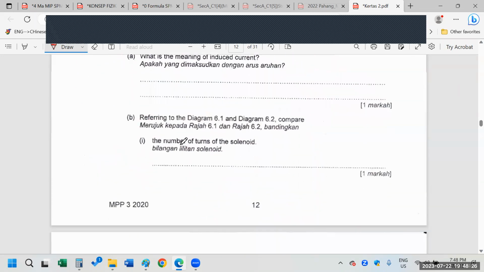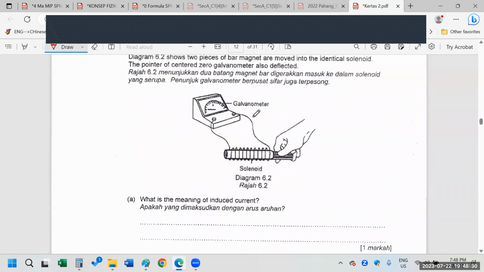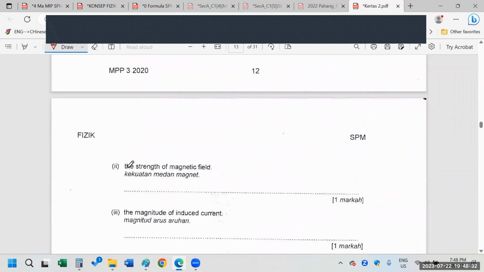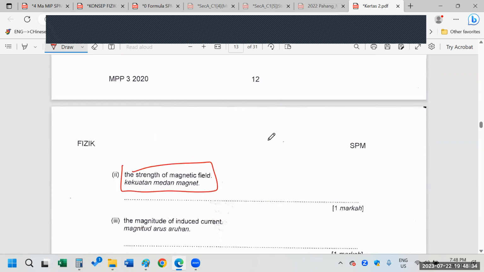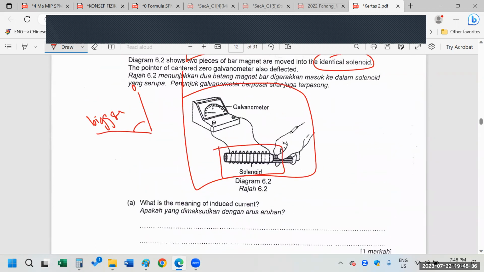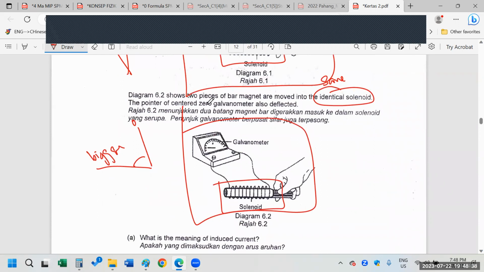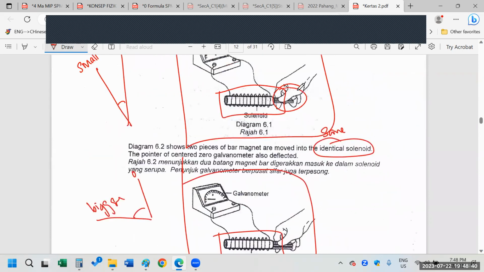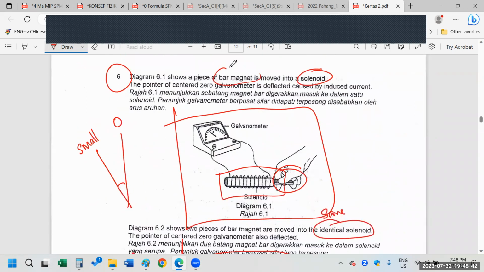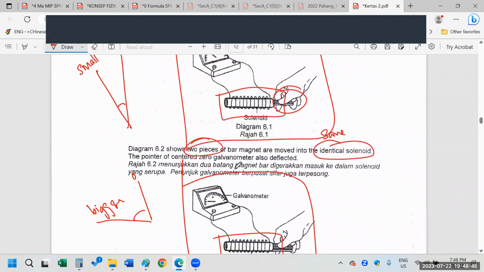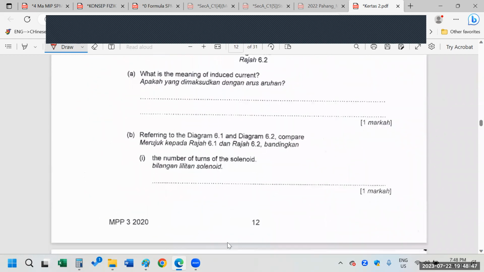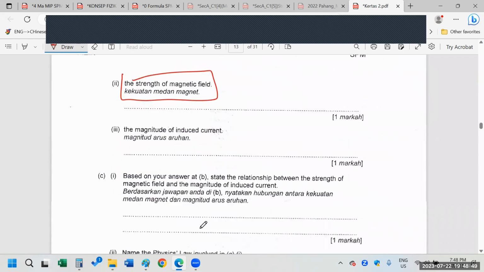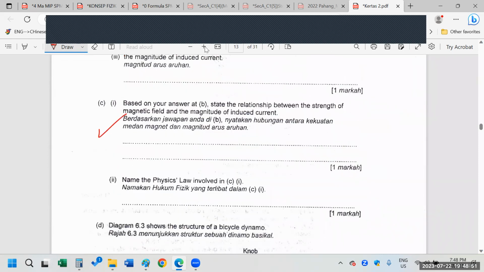So what is the number of turns? Same lah. What is the strength of magnetic field? This one piece. So you just read here. 1 piece, 2 piece, 2 piece bigger. So just compare and relate lah. Understand?